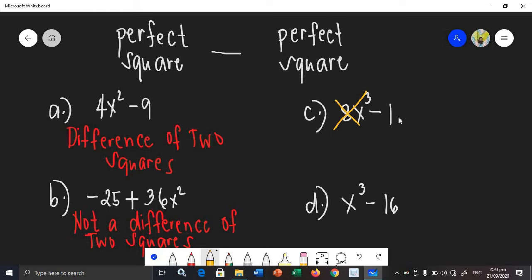But 1 is a perfect square and they are separated by a minus sign. But then, the first term is not a perfect square. Therefore, they still do not comply with the two conditions. So this is also not a difference of 2 squares.